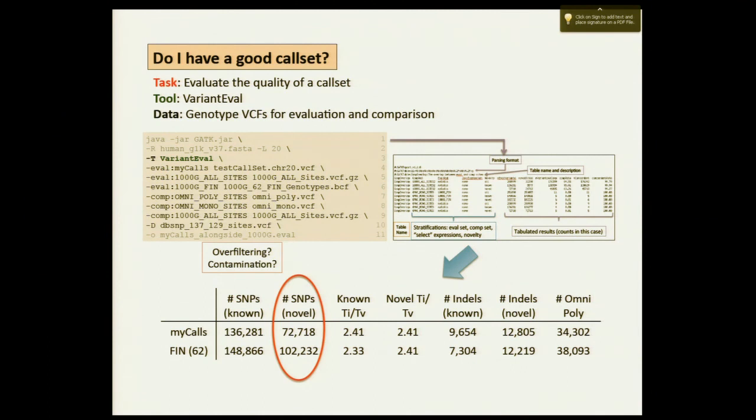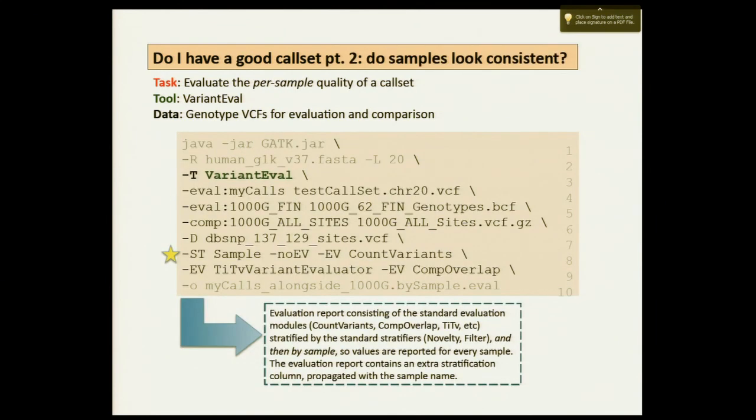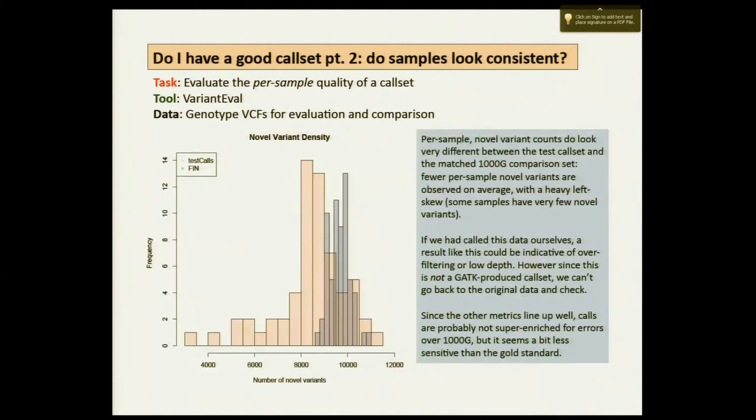You might imagine that if we had overfiltering, then you would expect a lower number of SNPs per sample to fall into this novel set. So all I'm going to do here is add in this stratification by sample, and count the variants and do some basic other things. If you stratify by sample, you get an output table which has an additional column that is just the sample ID, stratified by the number of novel variants.